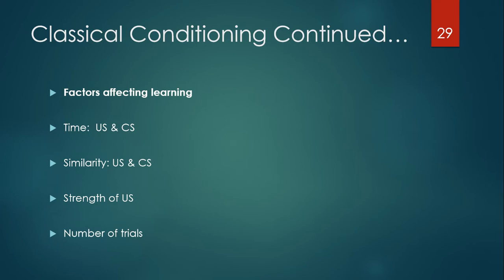Now let's talk about some more miscellaneous factors that affect classical conditioning. Time is a pretty big factor, specifically the time between the unconditioned stimulus and the conditioned stimulus. The shorter the time between the presentation of these two stimuli, the better and faster learning will occur.